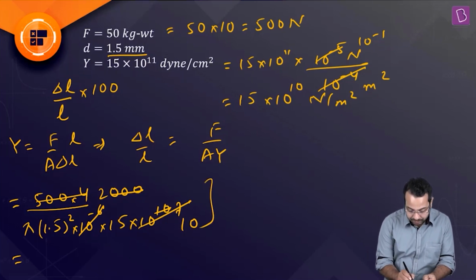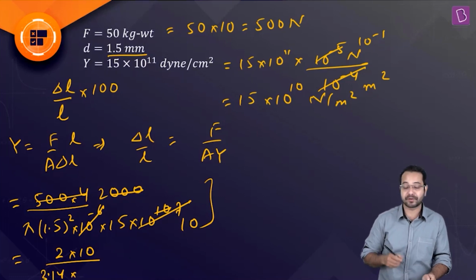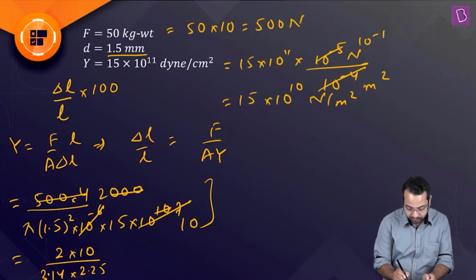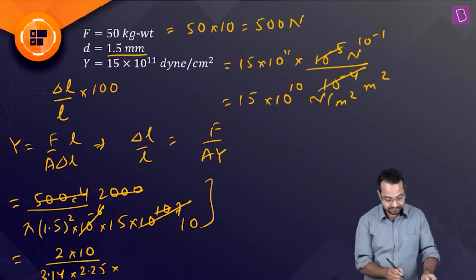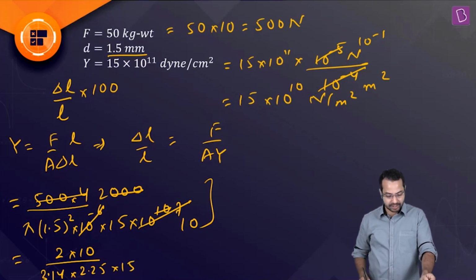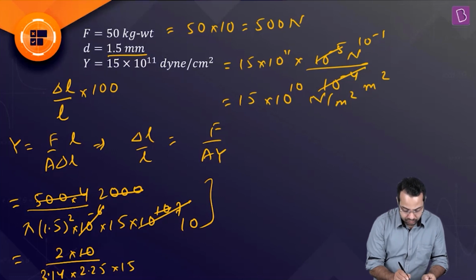So in that case, I will be left with 2 into 10 divided by 3.14. And then we have 1.5 square, which is going to be 2.25. And then we have 15. Okay, anything else which gets cancelled? So 5, 2, and then we have 5, 3.